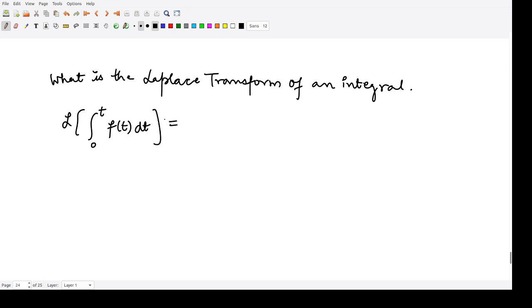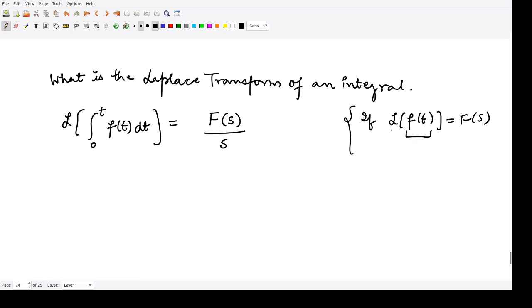So what would this be? This would be the Laplace transform of the function, f of s divided by s. We already know the Laplace transform of this function f of t, that is f of s. So when you perform the integration of this function and then take its Laplace transform, we are just dividing this function by s. It is as simple as this.